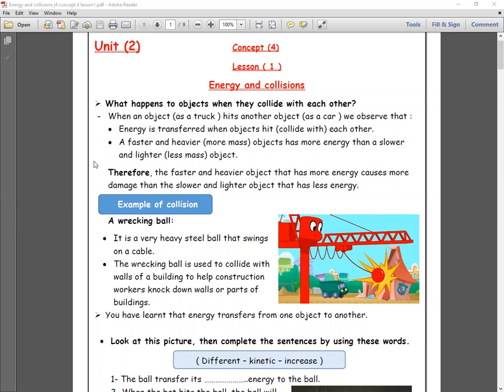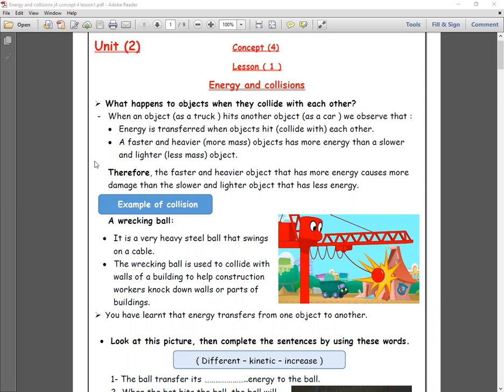What happens to objects when they collide with each other? And we said that collide means to hit each other. When an object such as a truck hits another object such as a car, we have two objects, one of them is a truck and the other is a car.